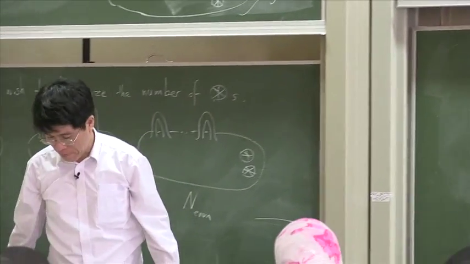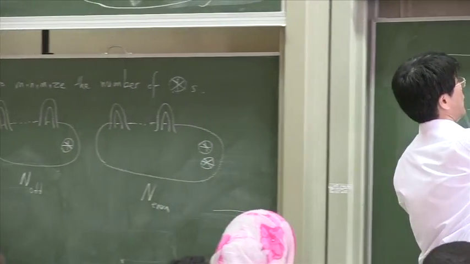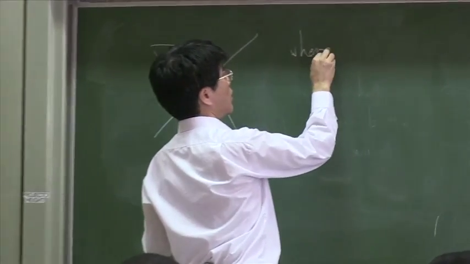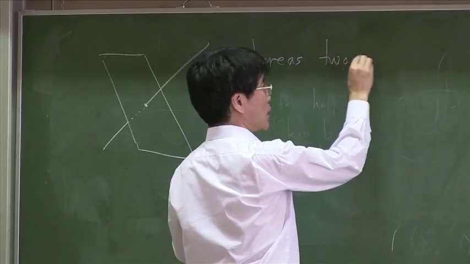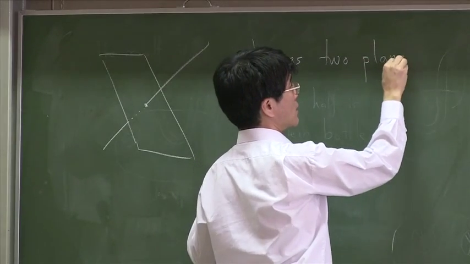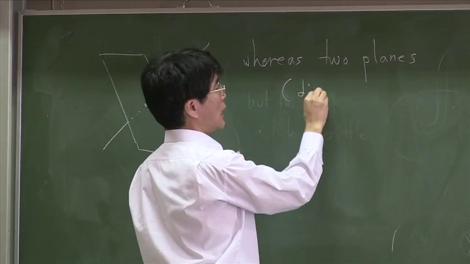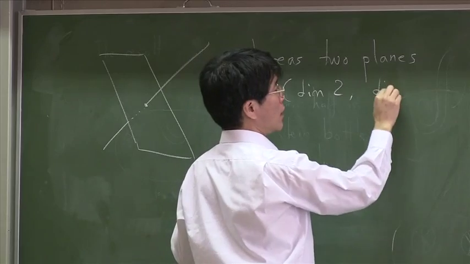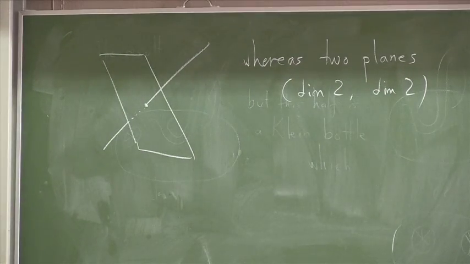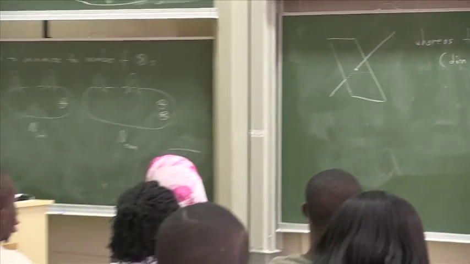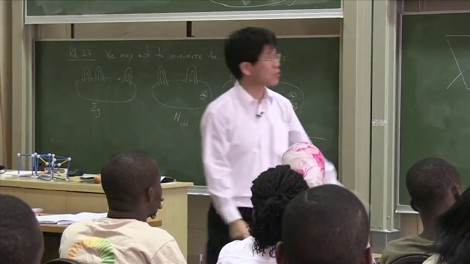How about then a plane and a plane? What do you think? If you have two-dimensional planes inside R3, how do they intersect? They intersect along a line. That line is a one-dimensional intersection.